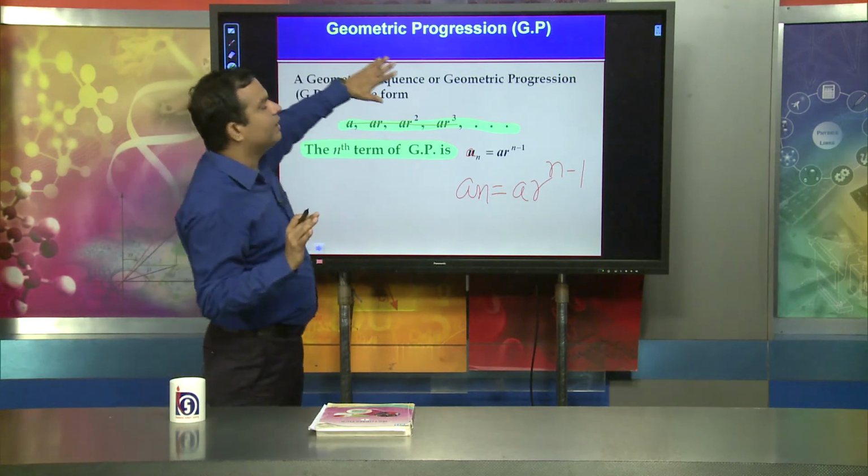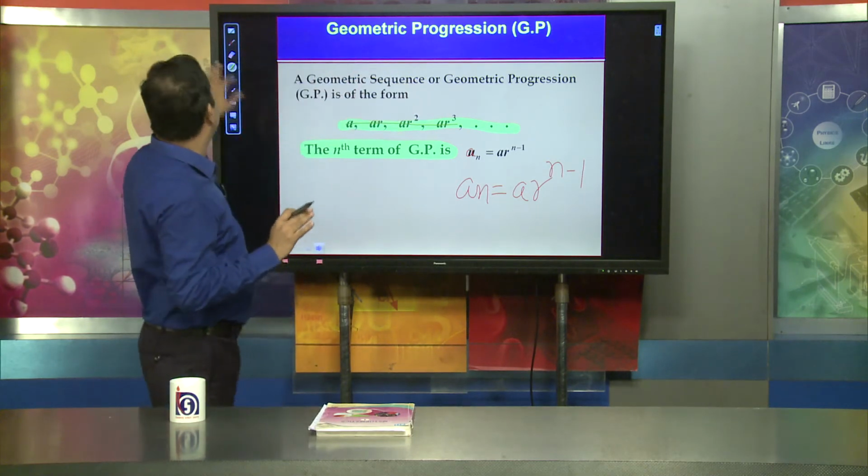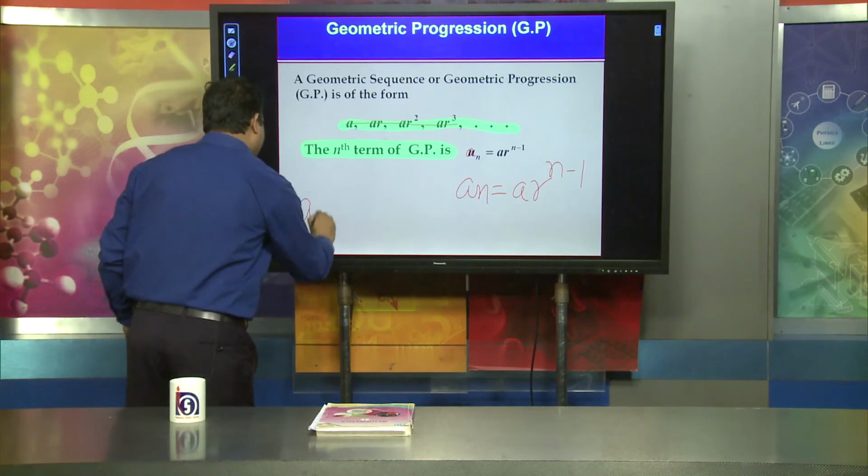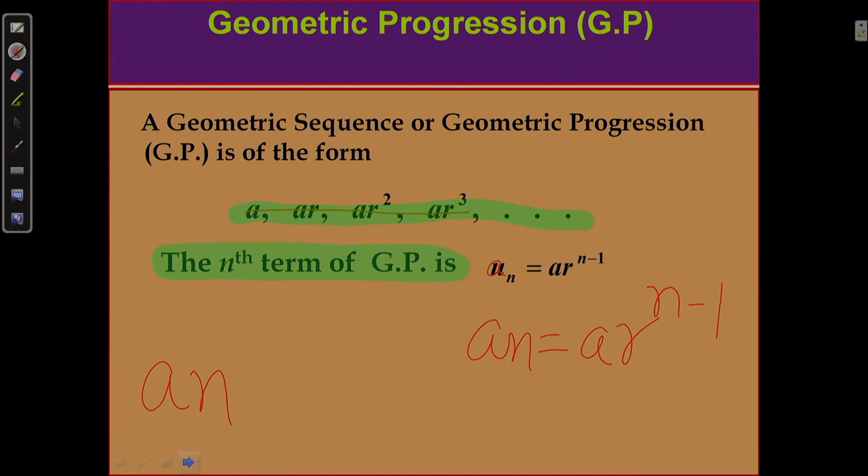So this is the geometric progression, and the formula to find the nth term is a n equal to a r raised to the power n minus 1, where a means the first term and r means the common ratio.